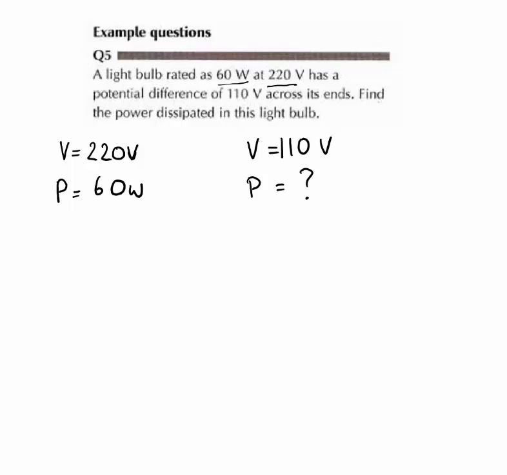We can let the resistance of that light bulb be R, and we can write an equation for each of these situations to combine the power, voltage and the resistance.